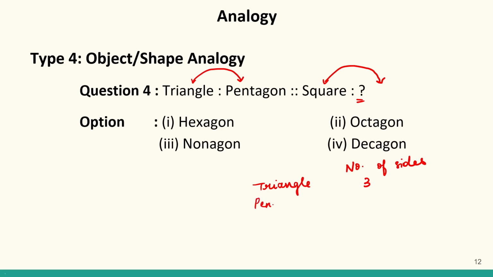How many number of sides are there in a pentagon? We have 5. So here I can see that we are adding 2 sides to the image. So if a triangle has 3 sides, a pentagon has 5 sides. This is what a pentagon looks like, right? This is a pentagon.